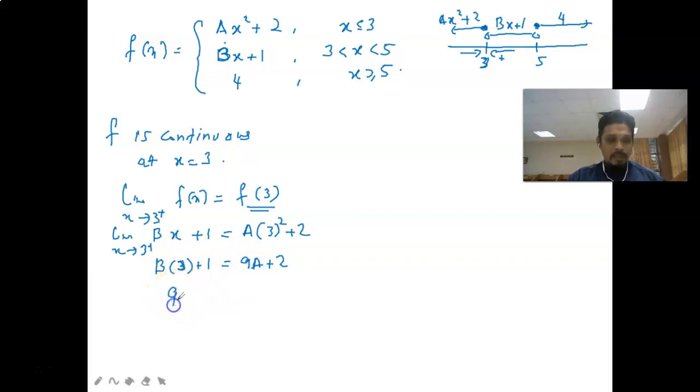Simplify this: 9a minus 3b equals negative 1. This is Equation 1.